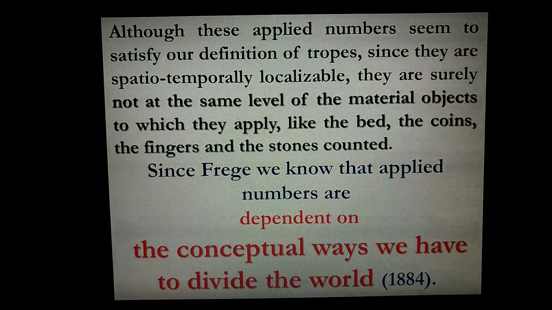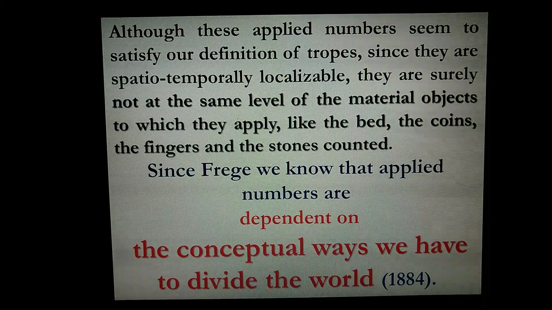Although these applied numbers seem to satisfy our definition of tropes, since they are spatio-temporally localizable properties, I guess they are surely not at the same level as the material objects to which they apply, like the bed, the coins, the fingers, and the stones counted, or at the same level as the qualitative properties of the bed and so on, like the color.